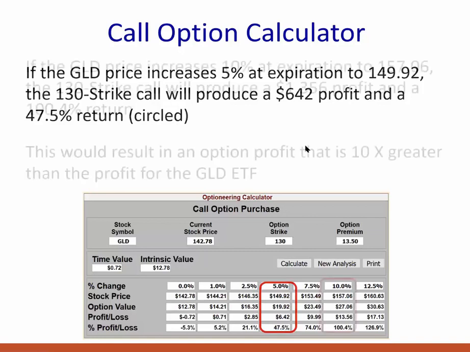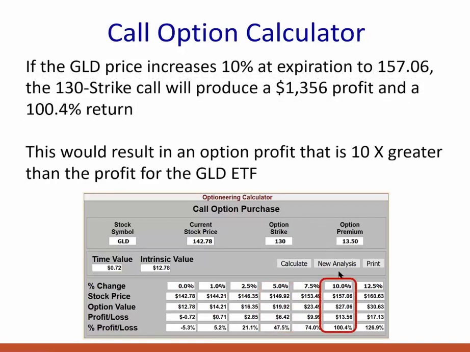And if GLD moves up 10%, we'll realize a $1,356 profit and a 100% return for the call before commissions. So no limit on the profit potential of a call option purchase. You can see as the underlying stock moves up in price, then the profit potential of the option also moves up.